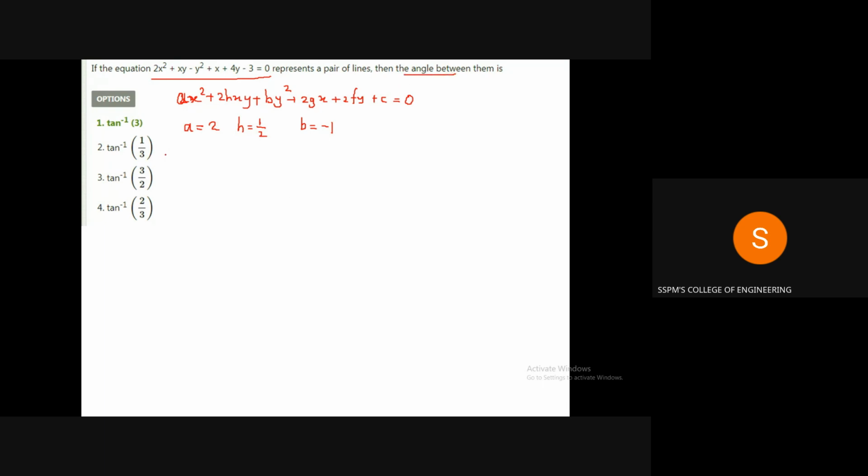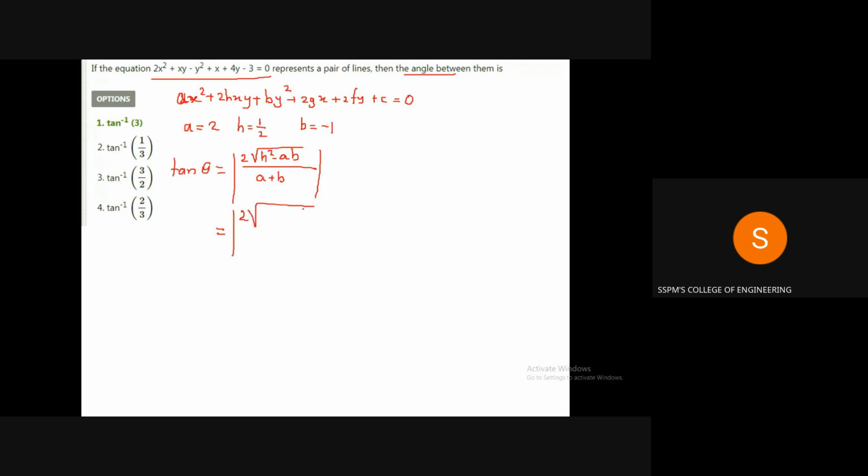The angle between them is given by tan theta is equal to mod of 2 into root of h square minus ab divided by a plus b. You have already studied this.